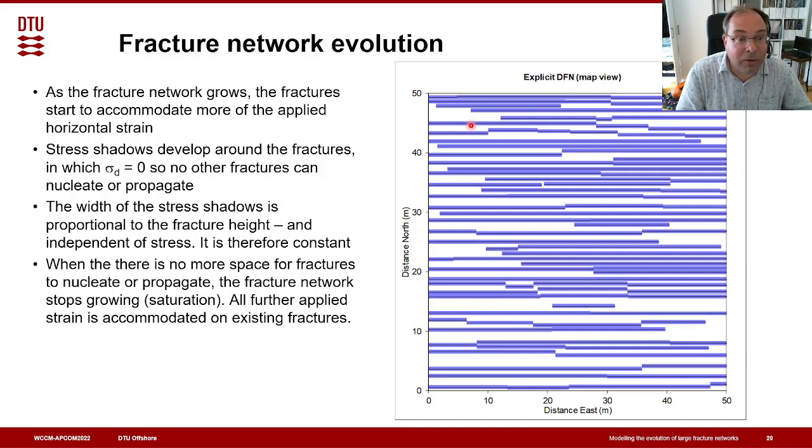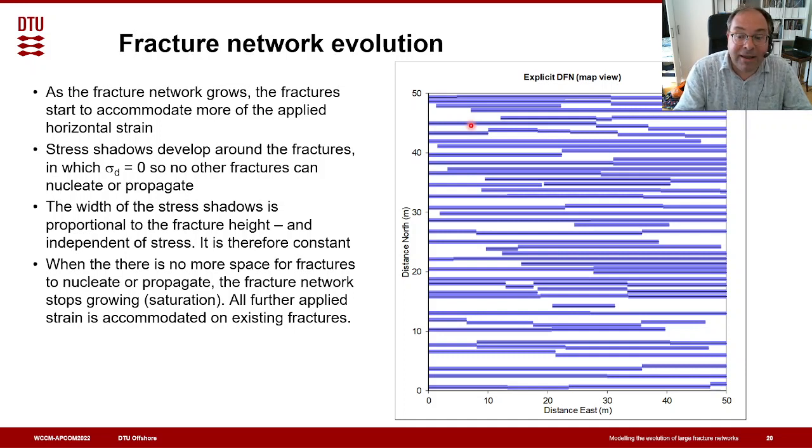And as a result, there is no stress in the rocks that allows further fractures to nucleate or propagate. Now, the width of these stress shadow zones can be calculated using linear elastic fracture mechanics, and it is proportional to the fracture height, but crucially independent of the in situ stress, and is therefore constant.